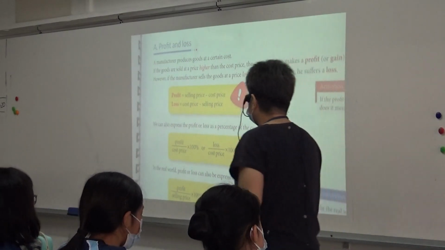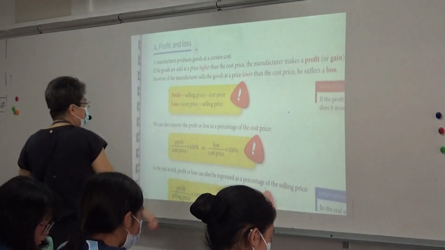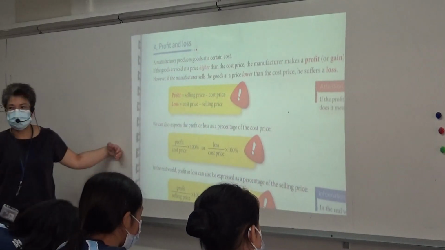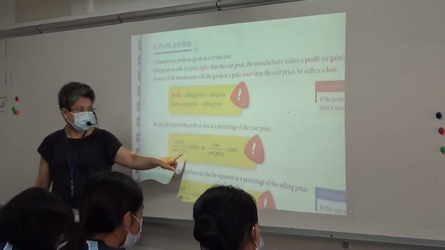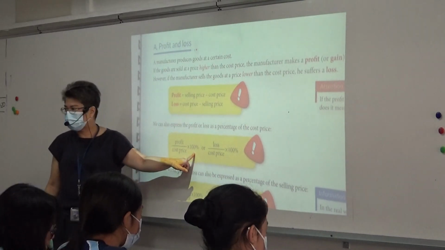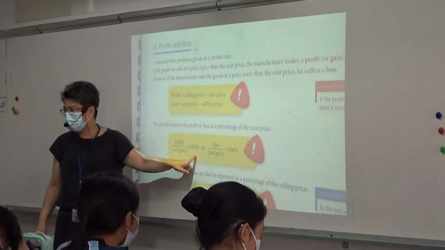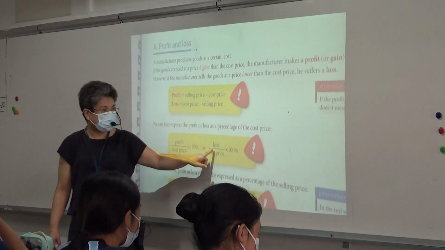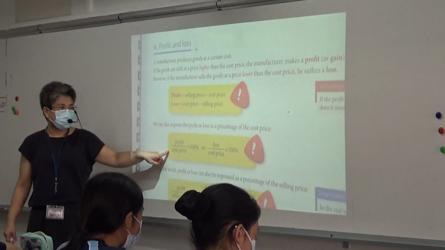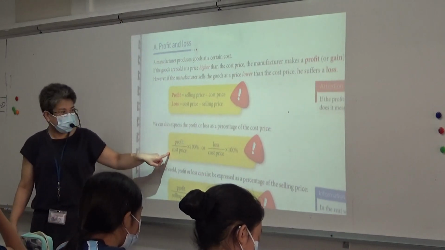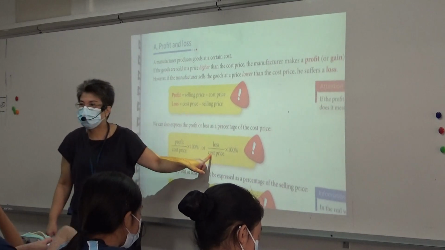Okay, now next. We also can find profit percentage or loss percentage. Profit over cost price times 100%, or loss over cost price times 100%. This will give me the percentage profit. This will give me the percentage loss.